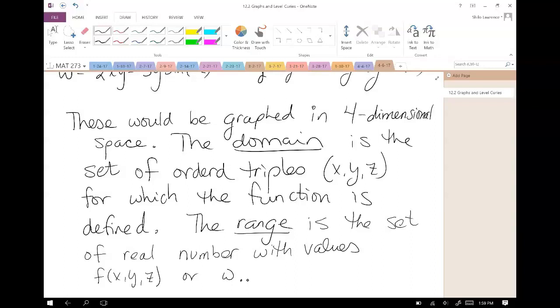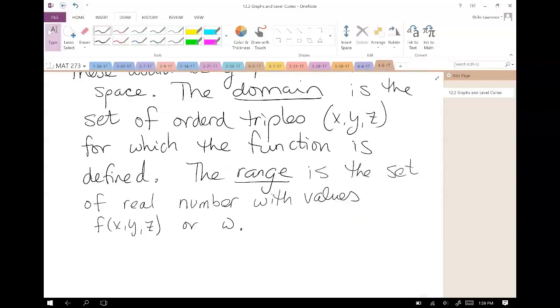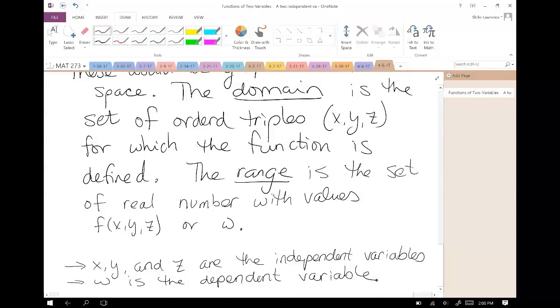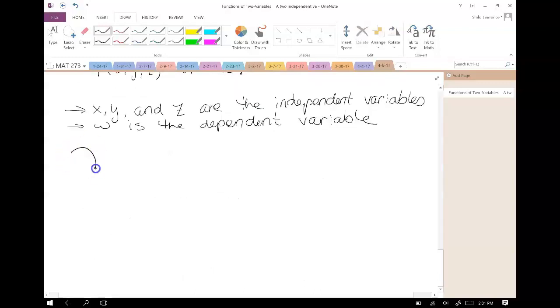So there's only one set of numbers for our range. x, y, and z are the independent variables. w is the dependent variable. Just going to do a couple quick examples of domain.